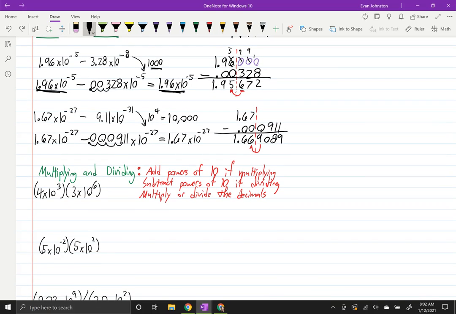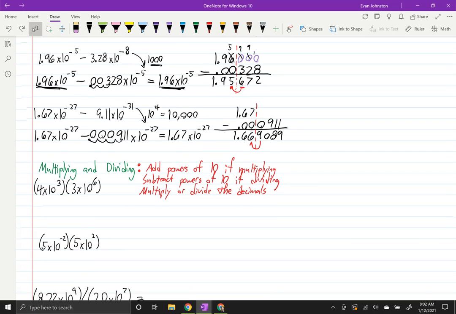So following our rule with this, and you could check this with a calculator, it says add powers of 10 if multiplying. So I'm multiplying 4 times 10 to the third, so that's just 4,000. But then 3 times 10 to the 6th, well, that's 3, and then 1, 2, 3, 4, 5, 6. That's 3 million. I'm multiplying these two numbers together.